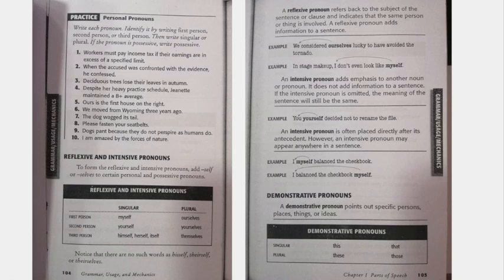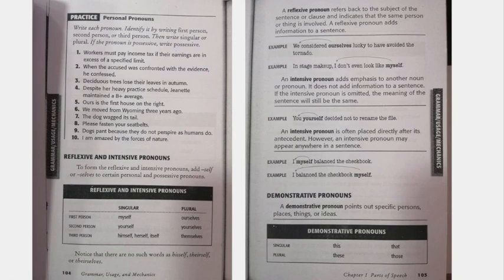The third person singular forms are himself, herself, itself. And the plural form is themselves. Notice that there are no such words as hisself or theirselves.